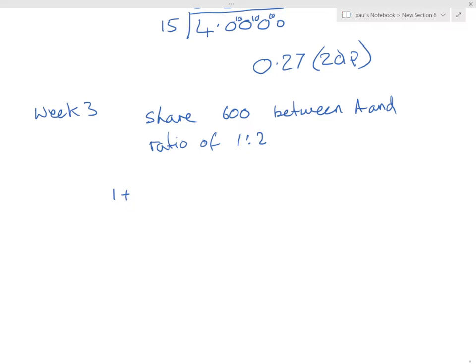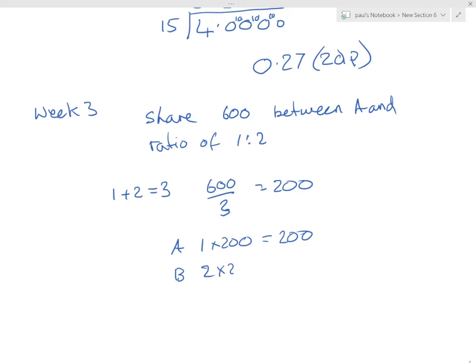So you just add the ratios together, which makes 3. So we've got 3 altogether. Then you find the value of each ratio by dividing 600 by 3, which equals 200. And so A will get 1 times 200, which equals 200. And B gets 2 times 200, which equals 400.